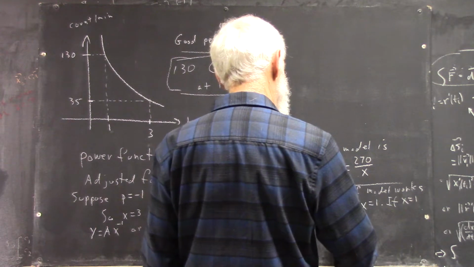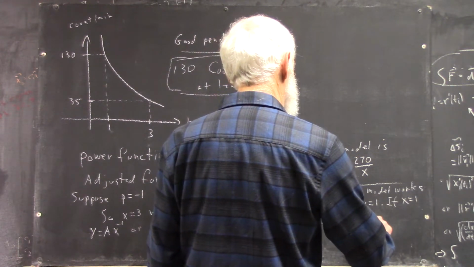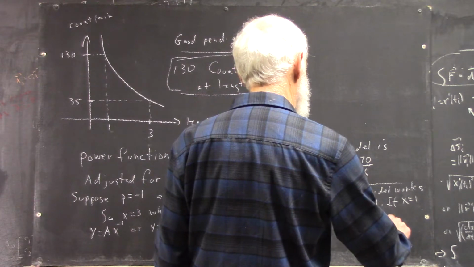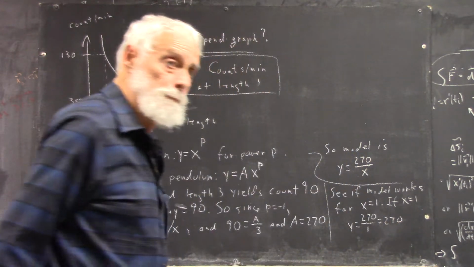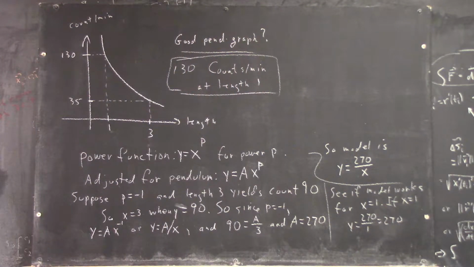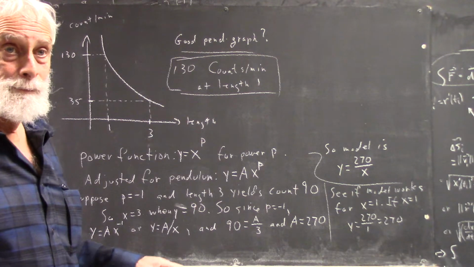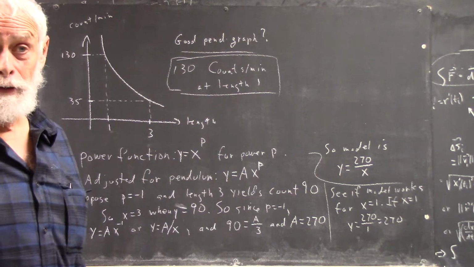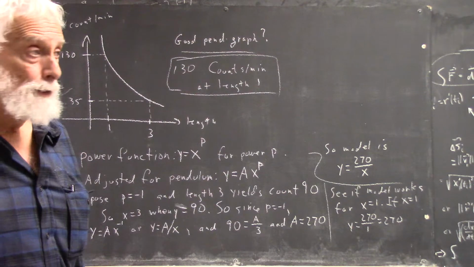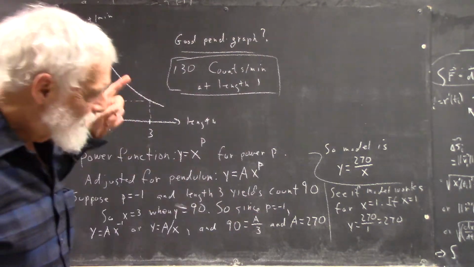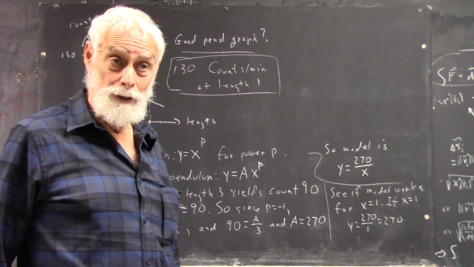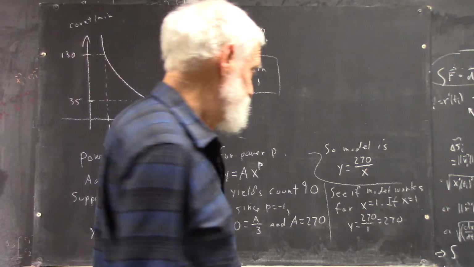If x equals 1, then y equals 270 over 1 equals 270. Depending on how you counted, you might have gotten 90 for your pendulum of length 3, but nobody got anything close to 270, did they? So whatever your count is, it's not going to match this model, okay?